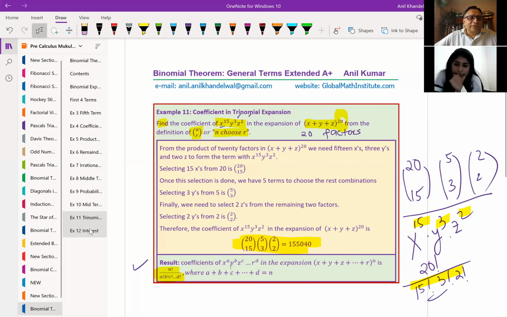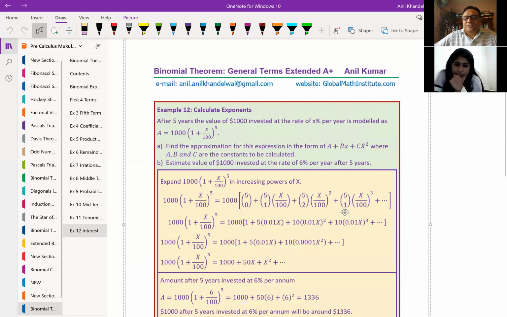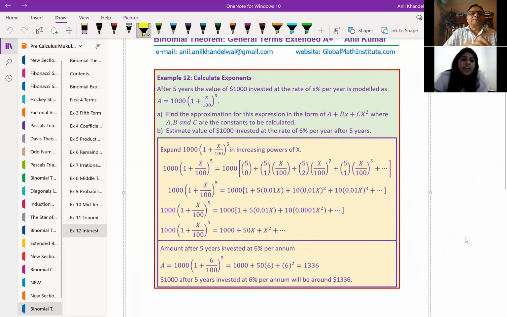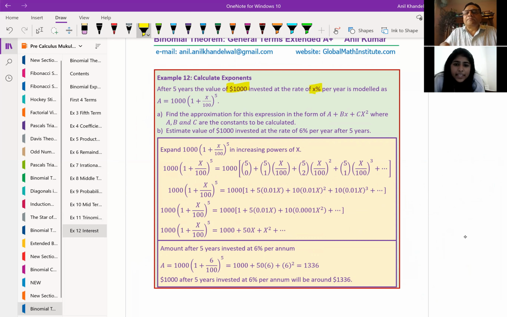Last question here is another application of the same thing which we had been talking about. Can you please read this question? Yes. Calculate exponents. After 5 years, the value of $1,000 invested at the rate of X% per year is modeled as A equals 1,000 times (1 plus X over 100) to the power of 5.